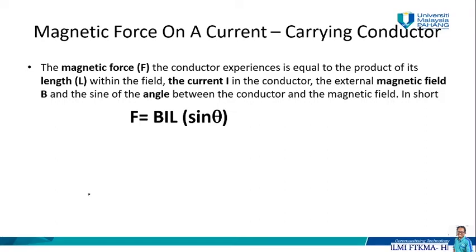As you may recall from previous physics courses, the vector force F exerted on a charge q moving at velocity u in the presence of a magnetic field with flux density B is the product of all three quantities, F equals q u cross B, where the symbol x is used to represent that it is a vector cross product.